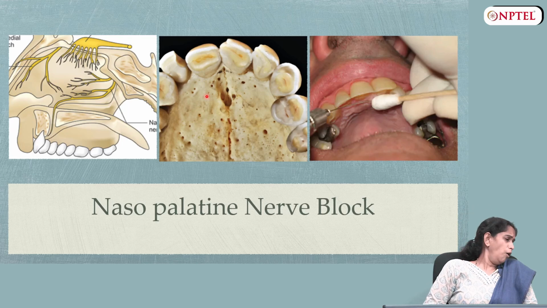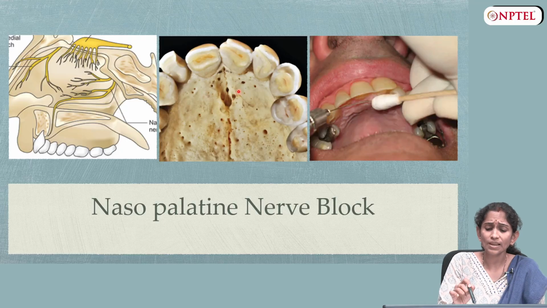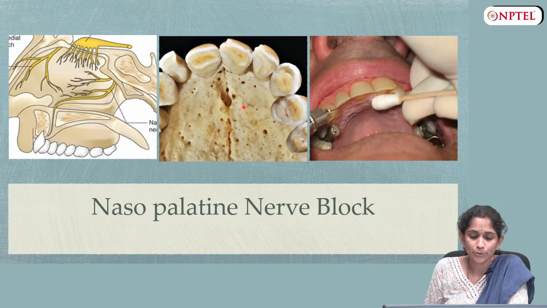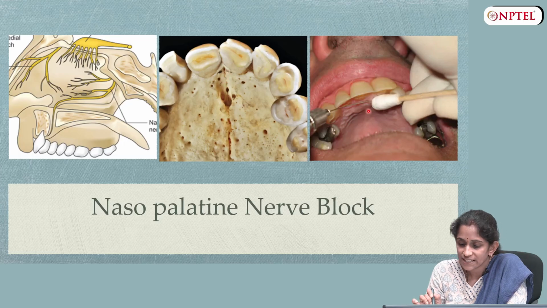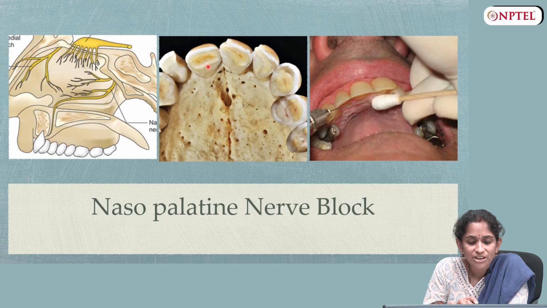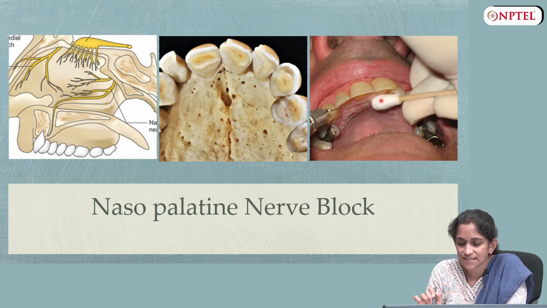Now, what are the landmarks that we have to identify the nasopalatine canal? We have to identify the incisive papilla, which is a small elevation that is present on the palatal aspect of the central incisors. So, that is where the incisive papilla is.